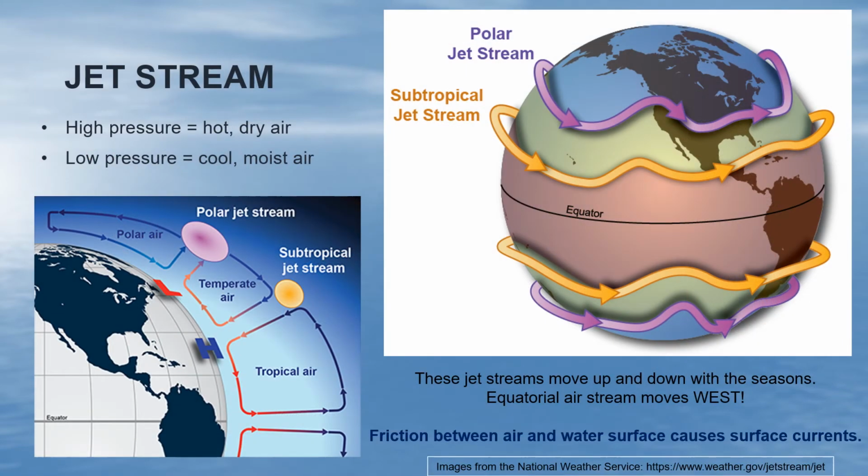So if you recall back a few slides where we had our 3 different cells that occurred because of the fact that Earth was spinning, Earth is on an axis, and there's more landmass in the northern and southern hemisphere. We said there was all kinds of stuff that occurred, but we mentioned that there's 3 different atmospheric cells that are found in the northern hemisphere and then conversely in the southern hemisphere.